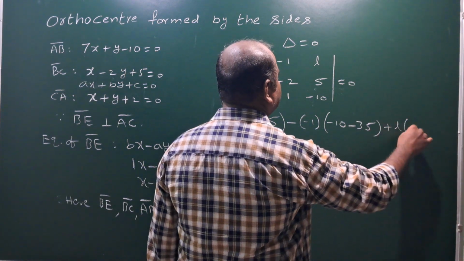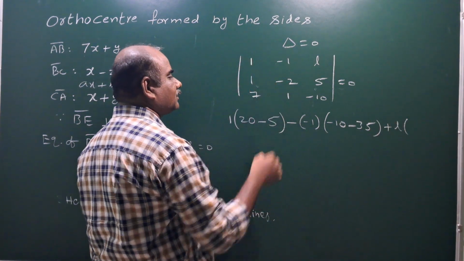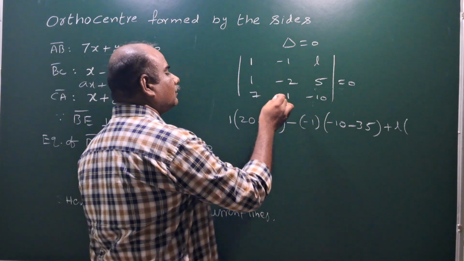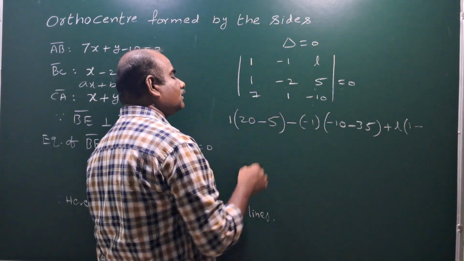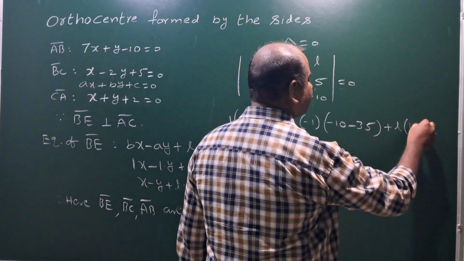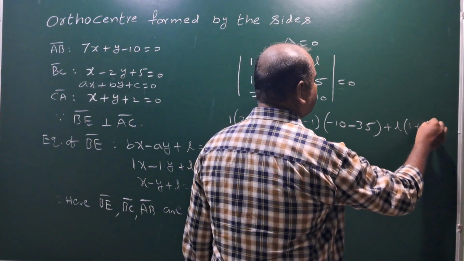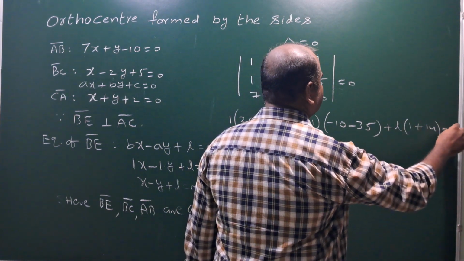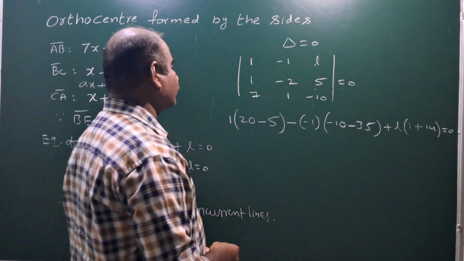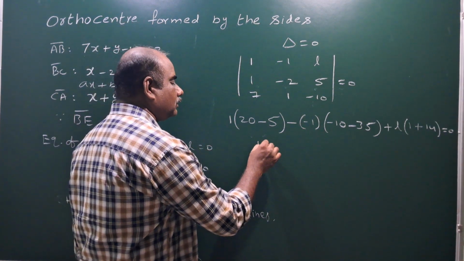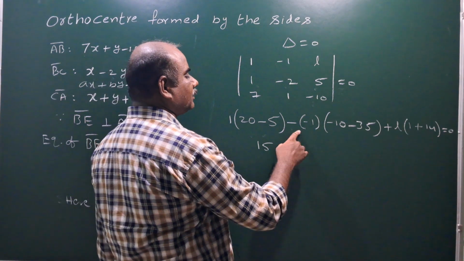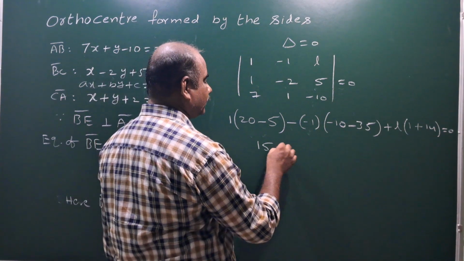Plus L into these four elements: 1 into 1 minus 2 into 7, that is 1 minus 14, is minus 13, and so on, is equal to 0. So 20 minus 5 means 15.